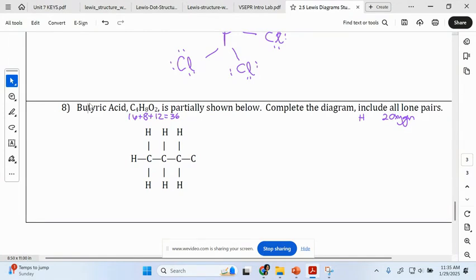Now, if I draw this, I'm going to draw it wrong, just so you know. So if you want to hold off on drawing it in. If I do this and I put my oxygens here and my hydrogen here, and I go and I try to use up all 36 of these electrons.